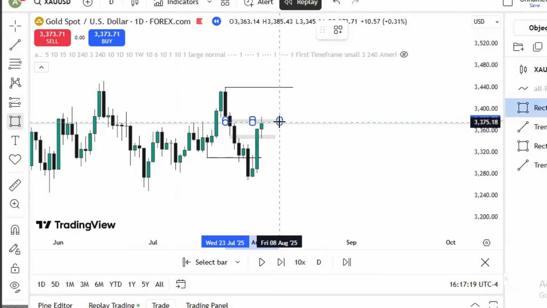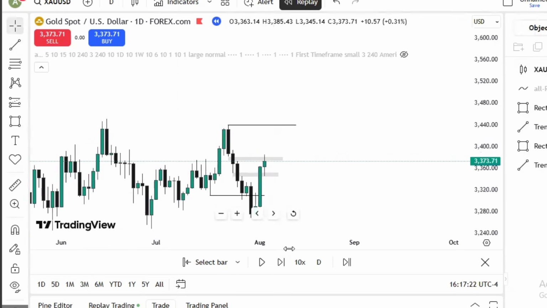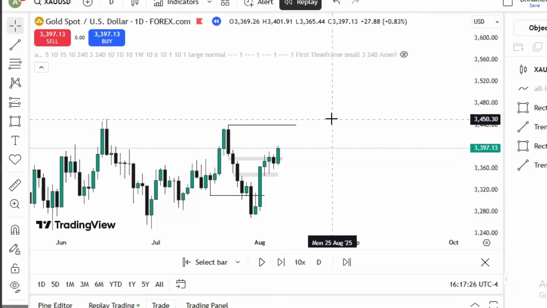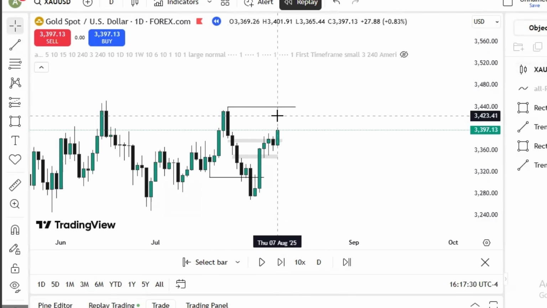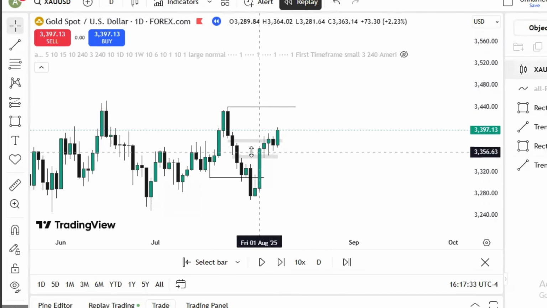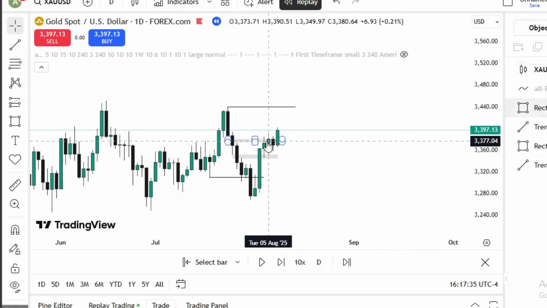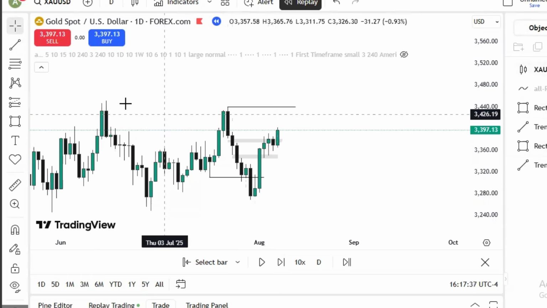So let's see if that one can also push price to go lower. Let's just wait and see. So we could clearly see that up to this point, the market is telling you that it doesn't want to go lower. And the reason is because it's not respecting these bearish FVG that is here. Do you get it?